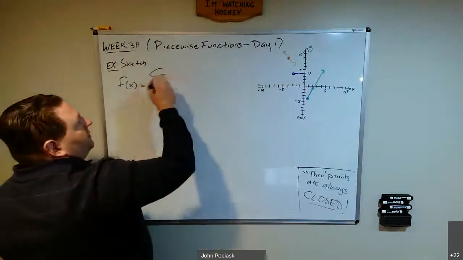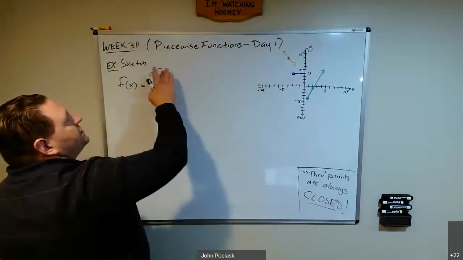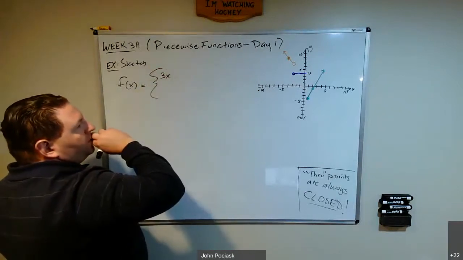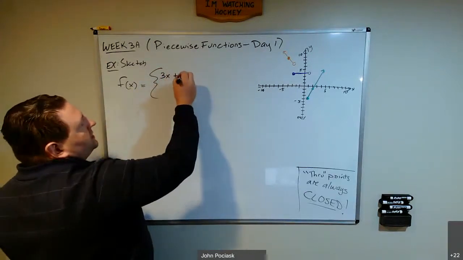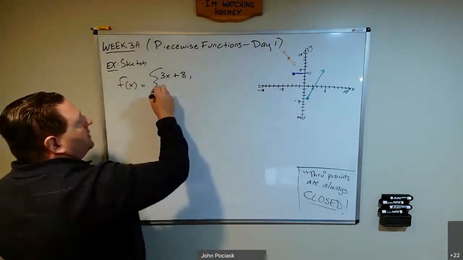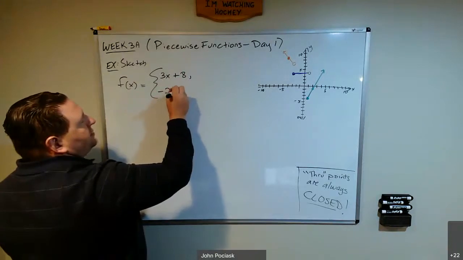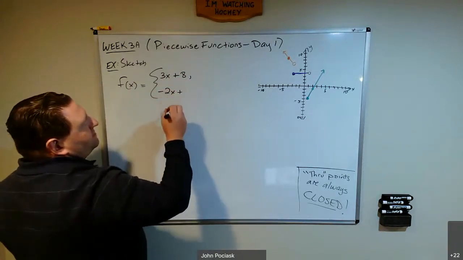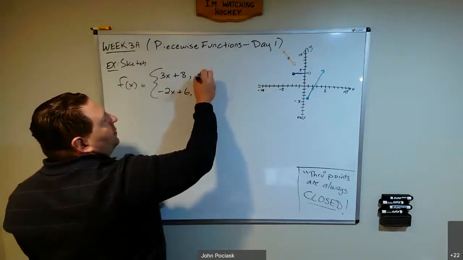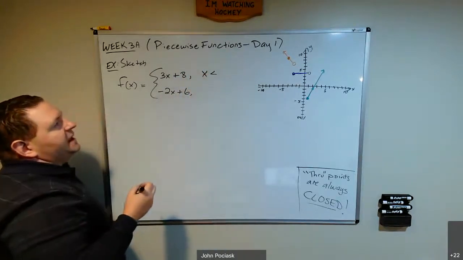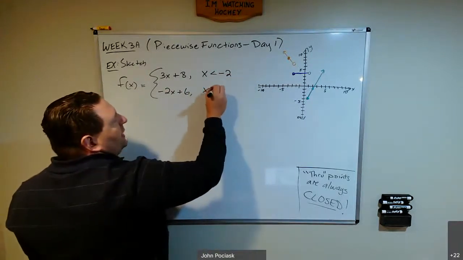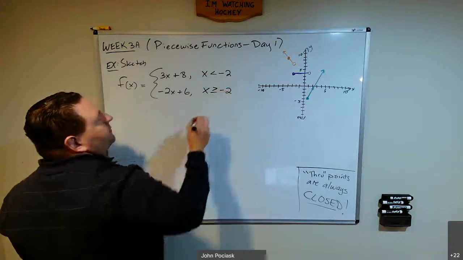Let's do 3x plus 8. And let's do negative 2x plus 6. And we'll do the top one, x is less than, say, negative 2. And then this one we'll do x is greater than or equal to negative 2.